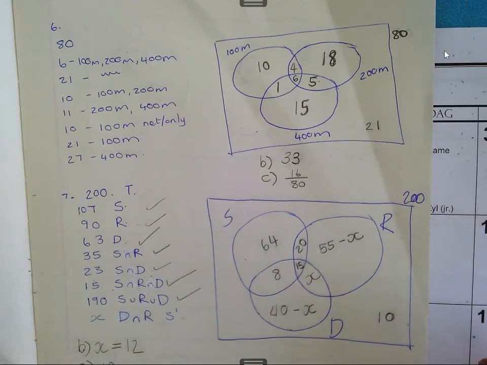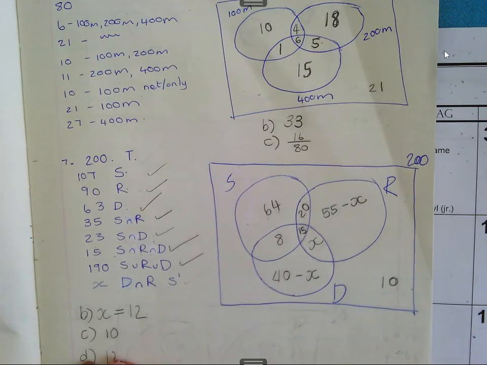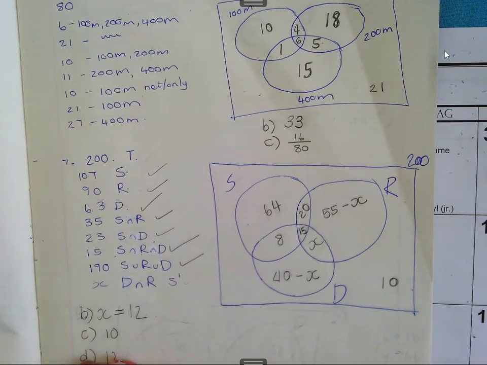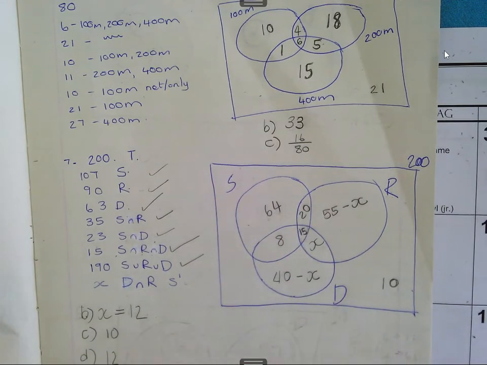Then see how many candidates didn't register for any one of the three. 10. How many candidates registered for retirement and debt but not shares? So that's the x value, no? Retirement and debt but not shares, so it's 12 again.